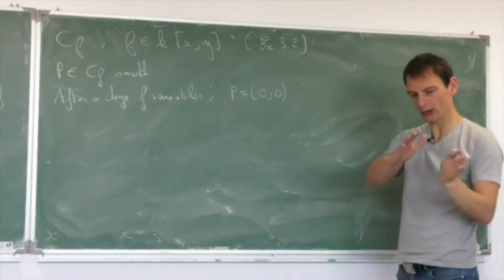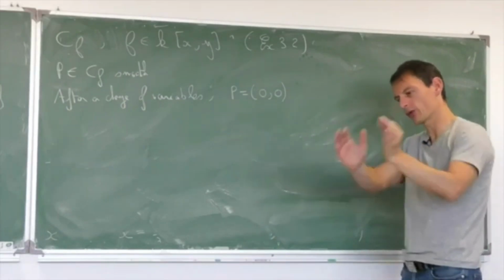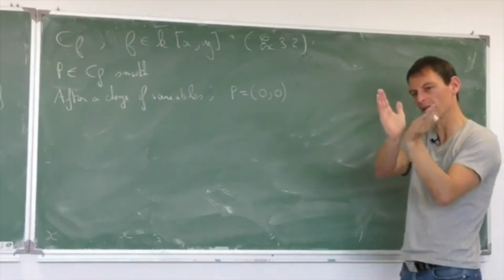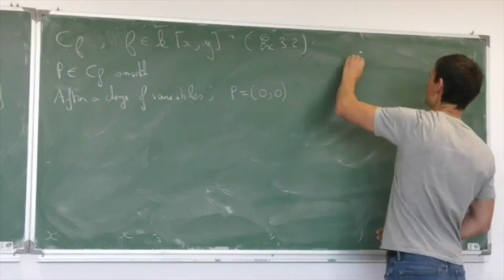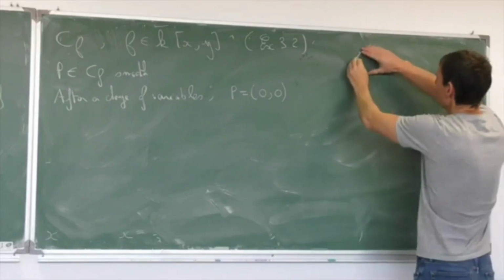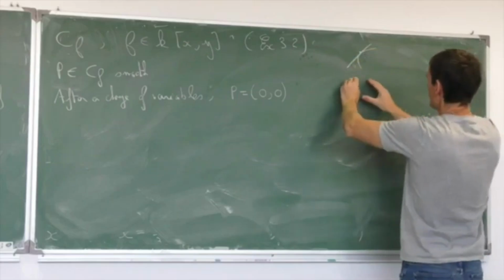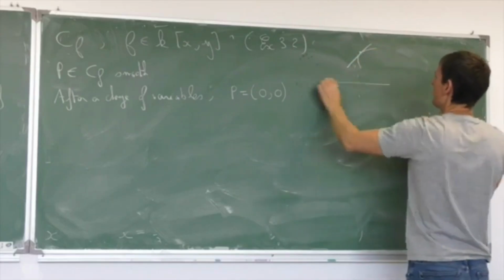And you can even do a bit better. Now you have moved your point to the point 0, 0, but there is also a tangent, since it's a smooth point. So let's say the point was here on your curve with a tangent like this. So let's put an axis here.